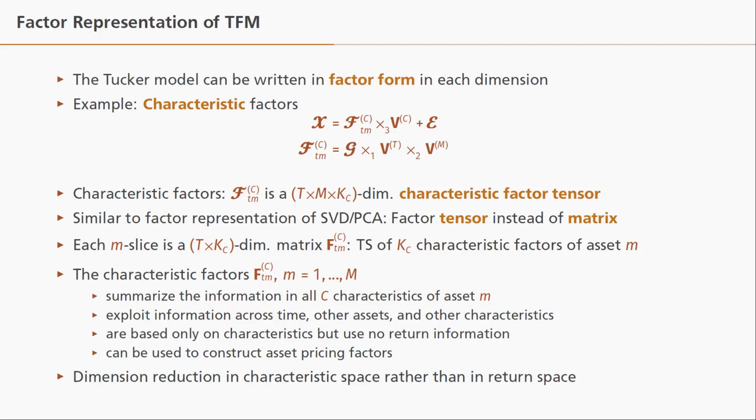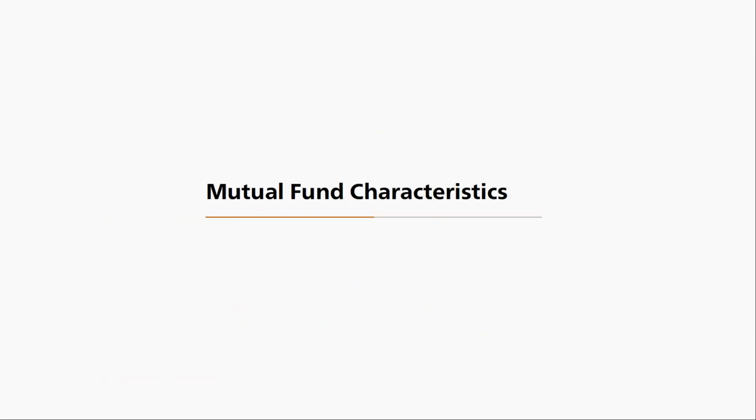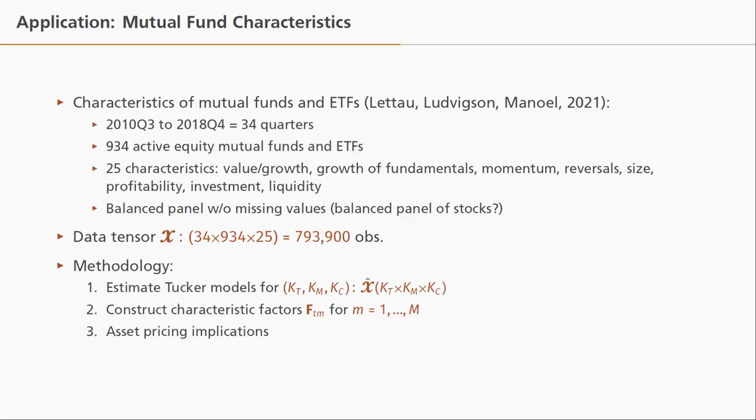And again, this allows for complex interactions between the characteristics. So sorting doesn't give you that. Skip that. Some people are confused about what a time factor is, but about time, at the end I can talk about this. Okay, so how about the application?